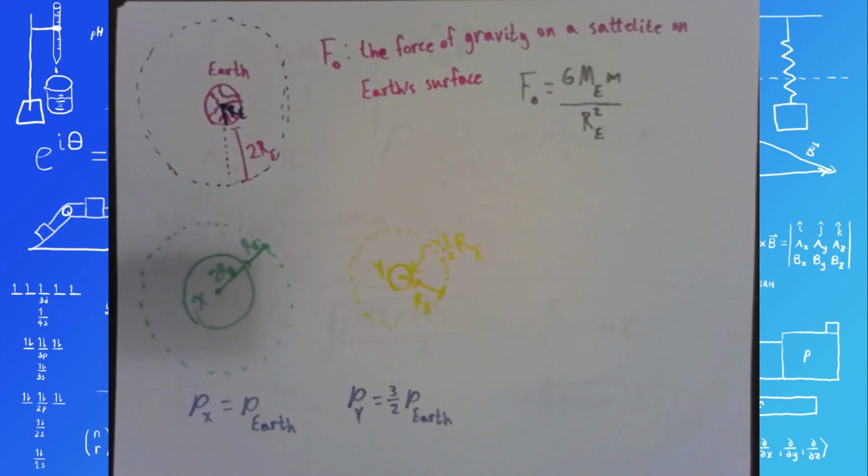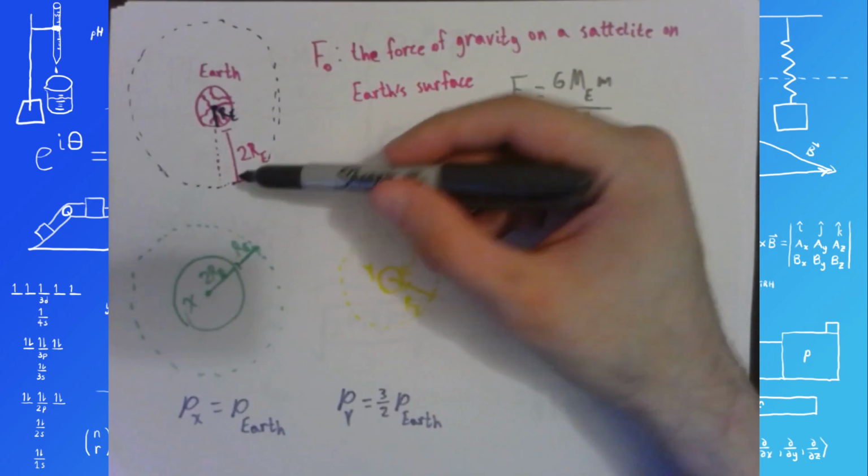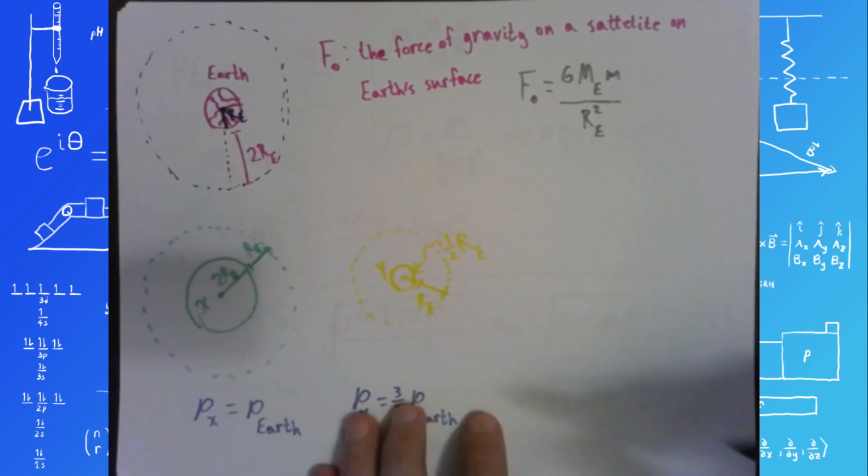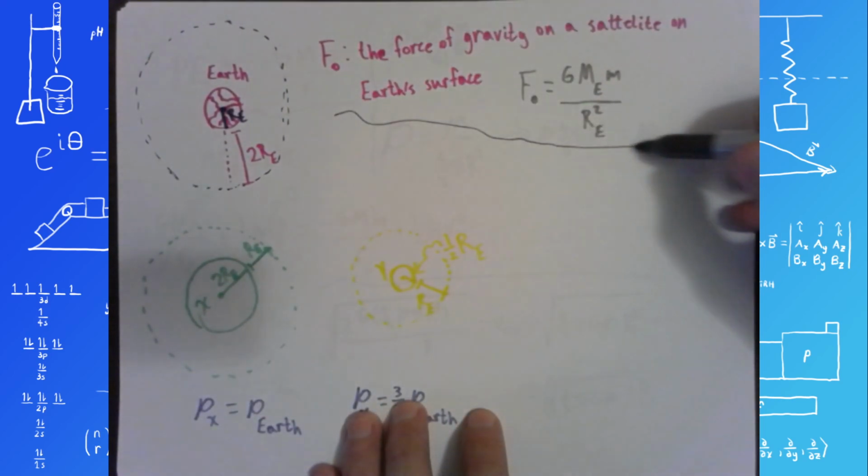Okay, perfect. Now we want to figure out what multiple of F0 each of our other scenarios are. If the satellite is at an altitude of 2 Earth radii above the surface of Earth, what is the force on it in that scenario?